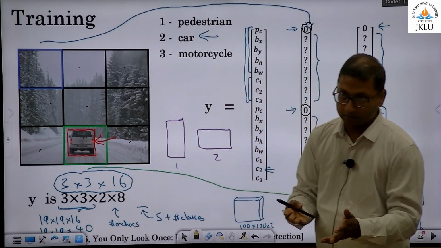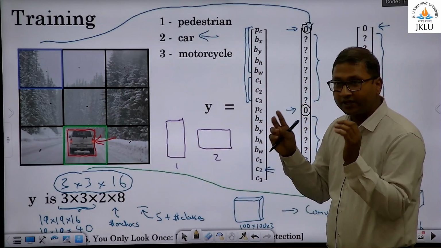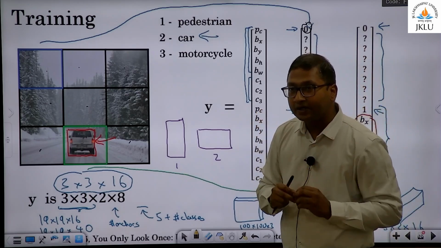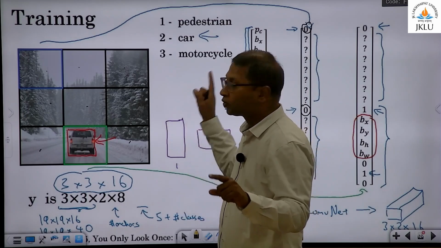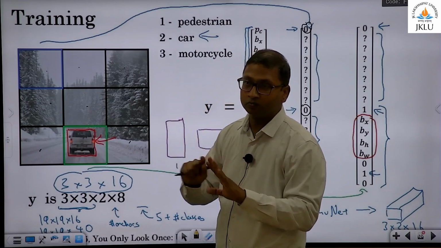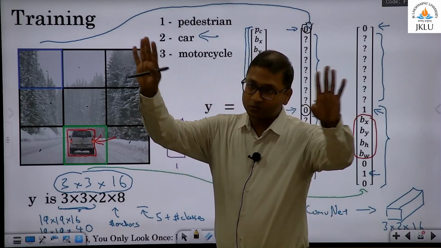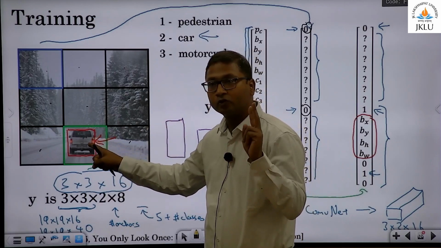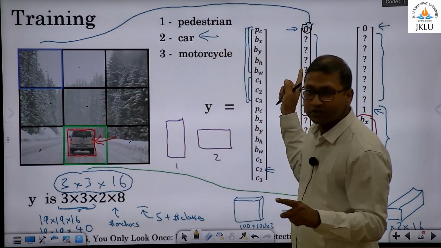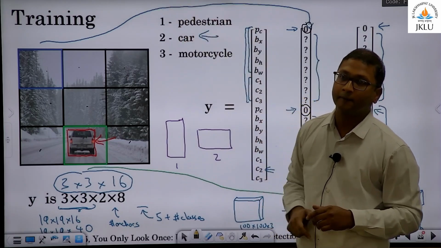So you decide for your application whether detecting multiple objects in the same grid cell is more important. If it is yes, go ahead with this. If you think no, my objects are sparse enough, right, there will be hardly a case in which I will have 2 objects in the same grid, don't use anchor boxes, use the previous one.